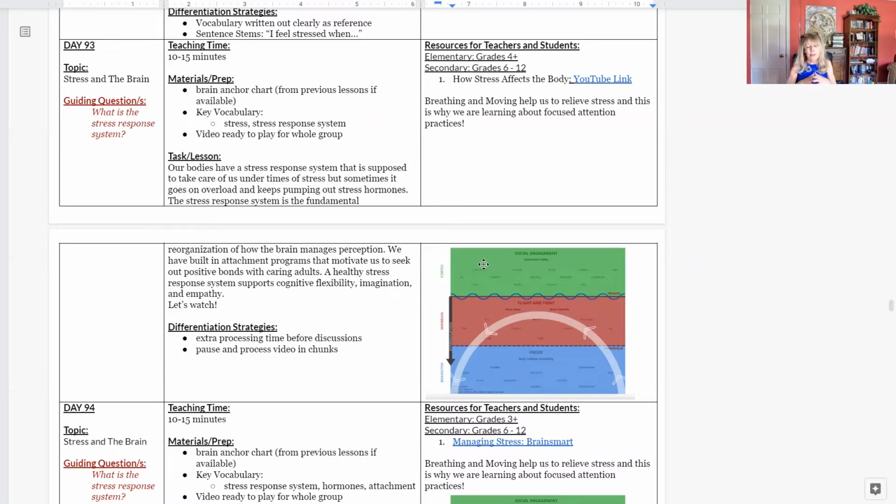This happens when we have test anxiety. This happens when we are nervous about a change in schedule or a routine in the classroom, for many of our children. So it doesn't have to be huge stressors.